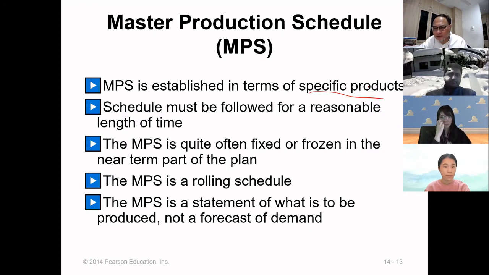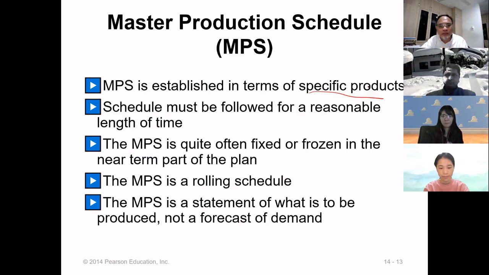If you make cars, there is a sedan model, there is a coach, there is a hatchback. These are variants. The seat for a luxury 1,500cc is different from the 1,300cc. So these are different specific products.